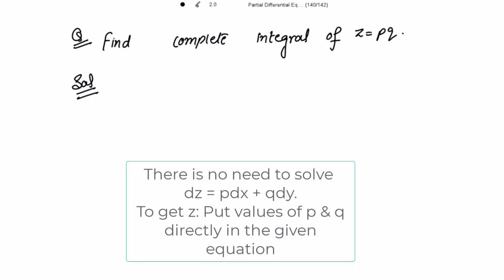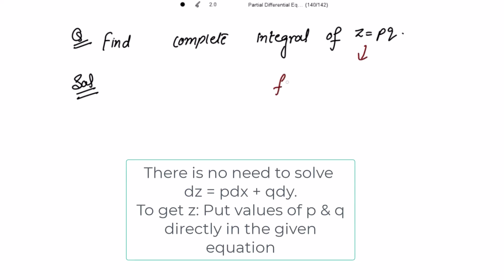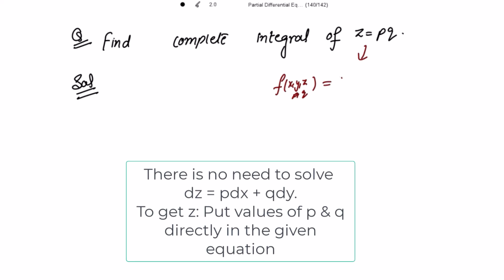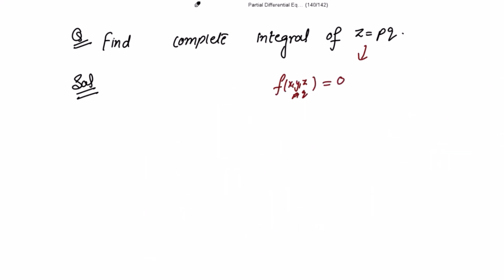So the first step is to write this equation in the format f of x, y, z, p, q equal to 0. How to write this? Let f be equal to, taking pq to the other side, z minus pq.